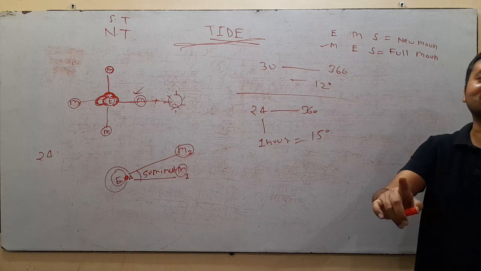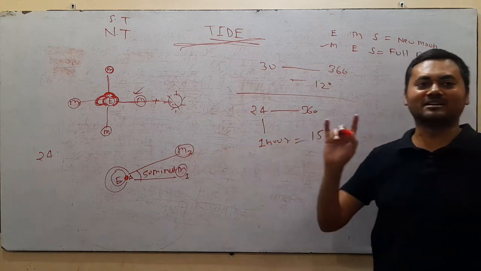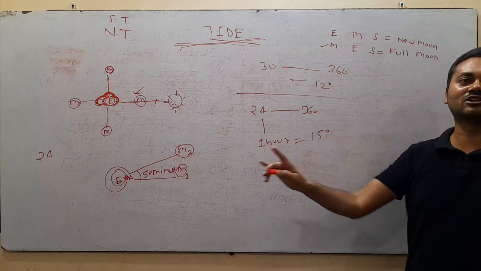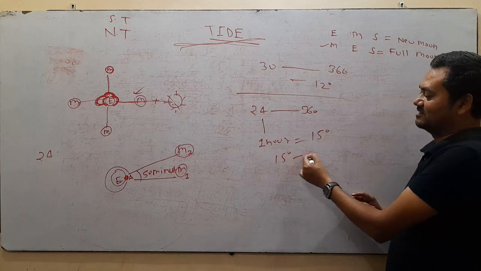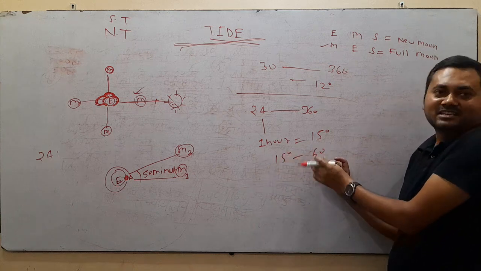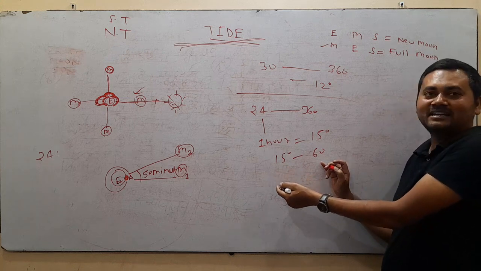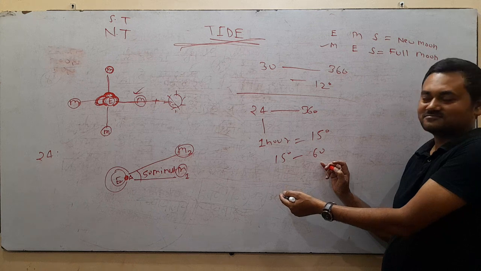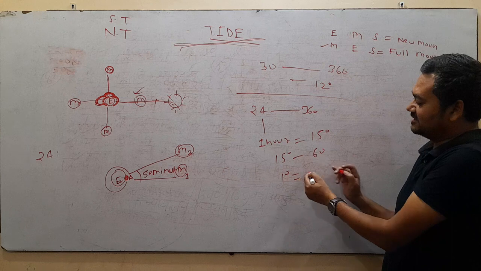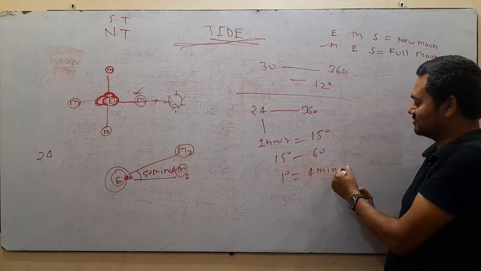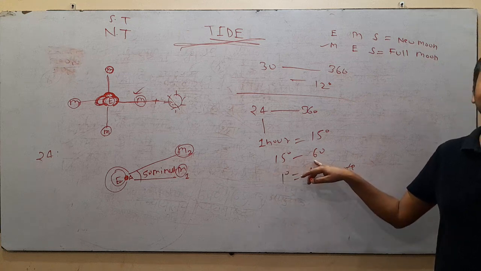Your challenge was how much time is needed to cover 12 degrees. So, 15 degrees in 1 hour, or you can say in 60 minutes. If you simplify it a little more, it will be 1 degree in 4 minutes. Am I right or not? 1 degree in 4 minutes, as 15 degrees in 60 minutes.